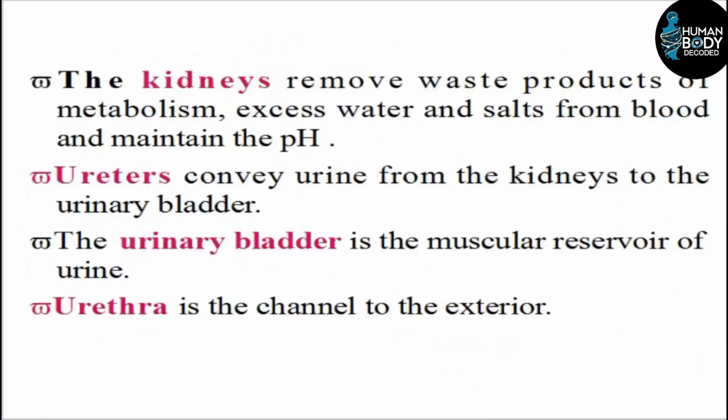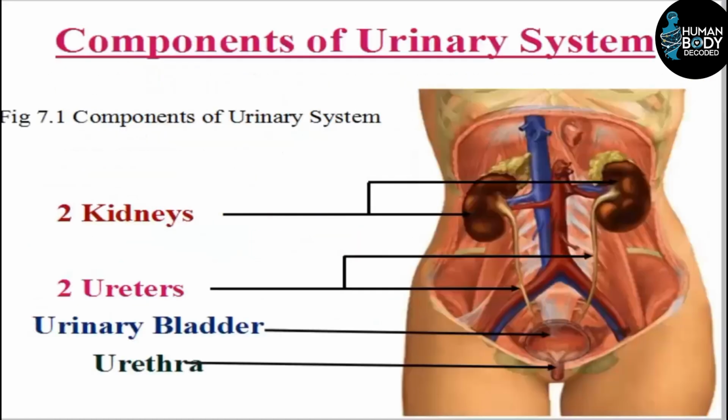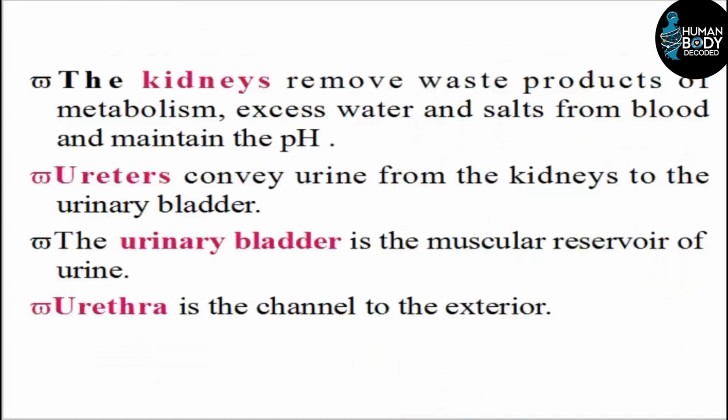So the kidney, being a paired organ, what it actually does, it excretes all the waste products in our body. That is, blood comes into the kidney to get filtered. You can see arteries and veins on the side. So they come into the kidney and the kidney filters that blood. Whatever waste products are in it, be it excess water, excess salt, or the blood's pH, the kidney maintains all three.